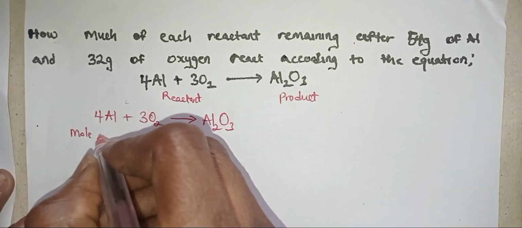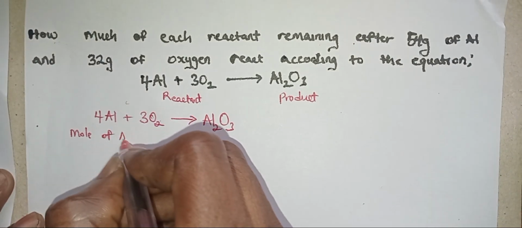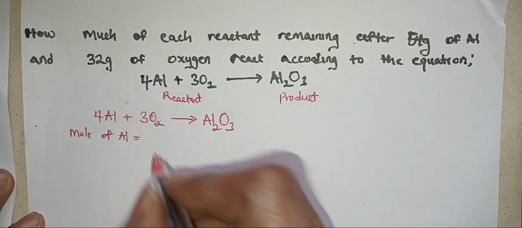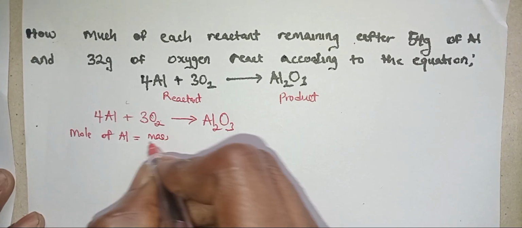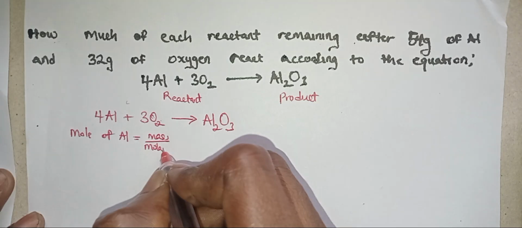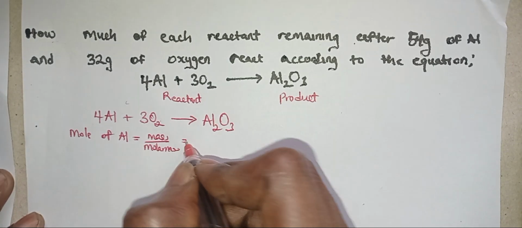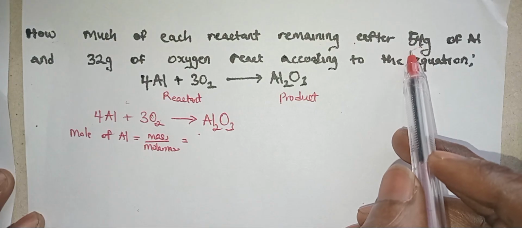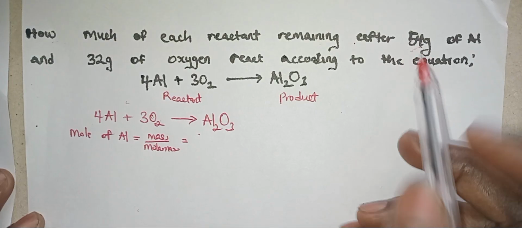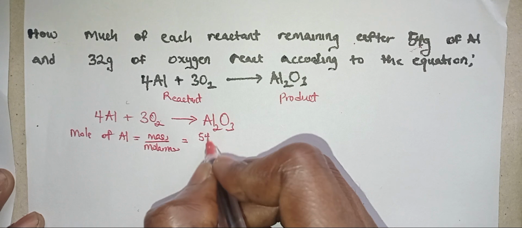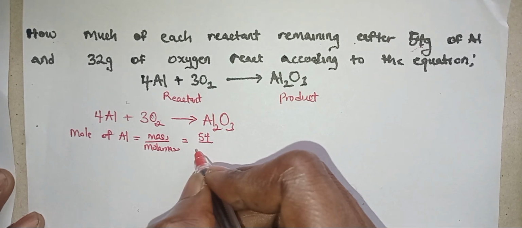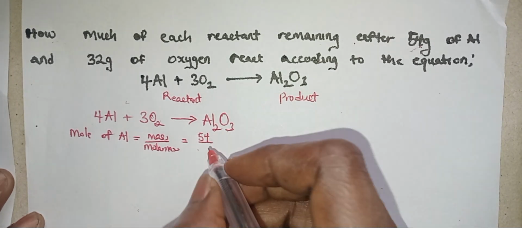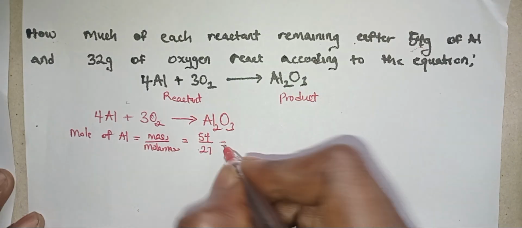So let's first find the mole of aluminium. The mole is equal to mass upon molar mass. The mass we are given in the question is 54 gram, upon the molar mass of aluminium, which is 27, so it's going to give us 2 mole.